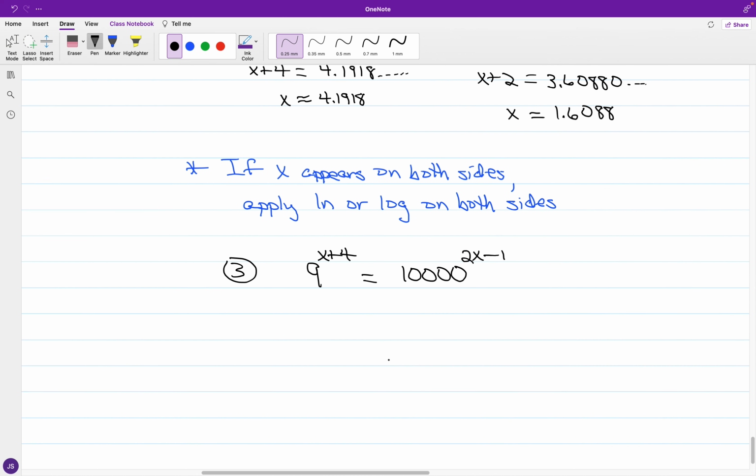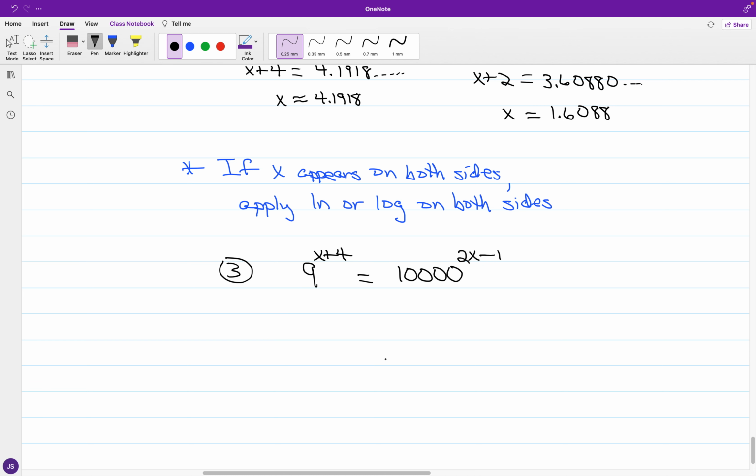So we have 9 to the x plus 4 is equal to 10,000 to the 2x minus 1. You can apply either ln or log to both sides. It doesn't matter which one you apply. You might be tempted to go with log since we have 10,000, which is a power of 10, but we'll go with natural log in this one.